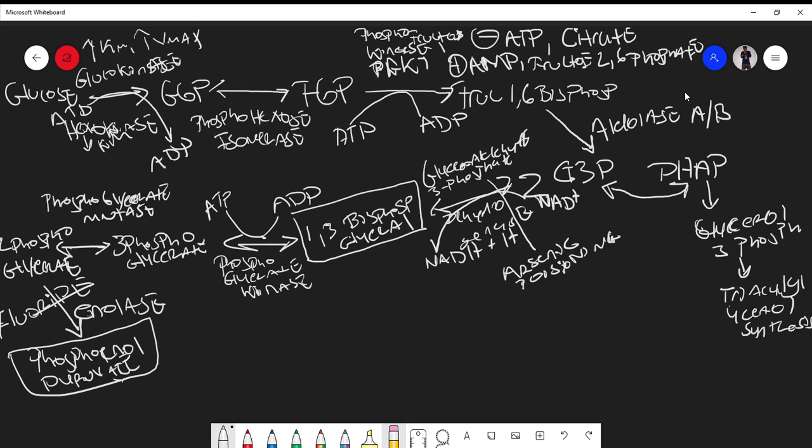Now, from phosphoenol pyruvate, we lead to the last step, and again, this is a reversible reaction. So from phosphoenol pyruvate, we lead to 2 pyruvate. Remember, 2 molecules of pyruvate, and this is done by pyruvate kinase.